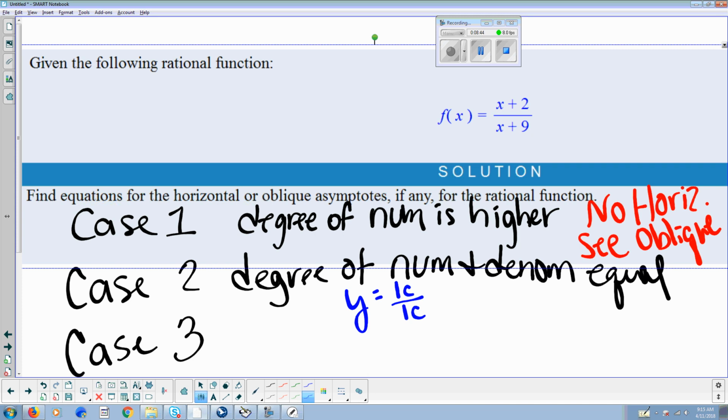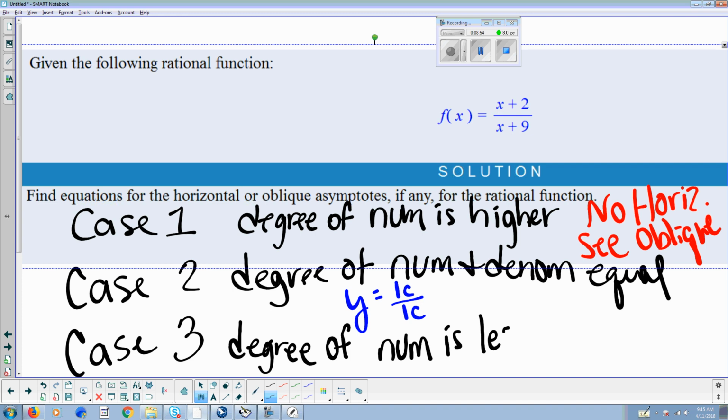Case 3 would be when the degree of the numerator is less than the degree of the denominator. And in that case, every time we have a horizontal asymptote at y equals 0. So those were the 3 possibilities.